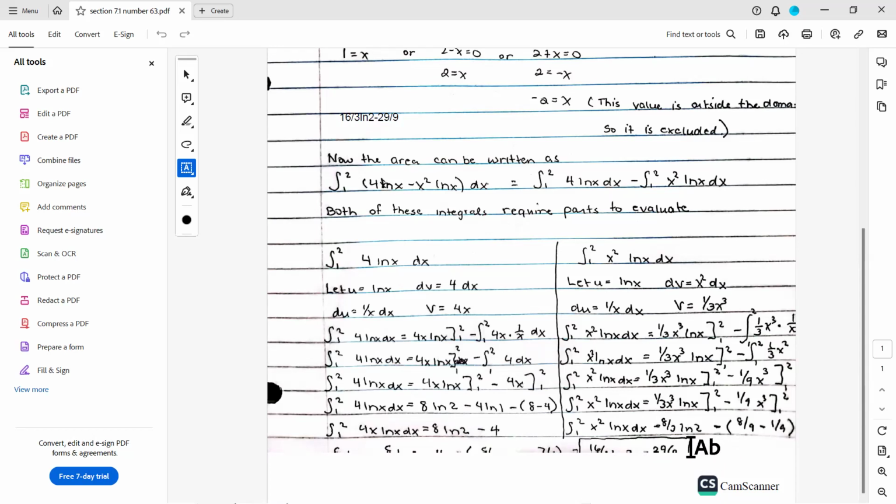So this is negative 36/9 plus 7/9 is 29/9. Okay. So my answer here is this: 16/3 ln 2 minus 29/9.